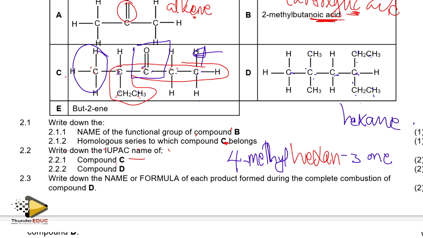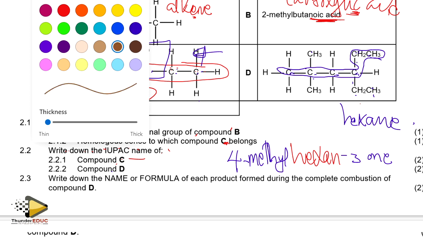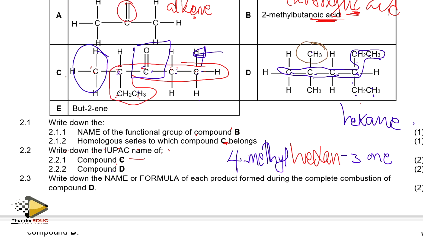Okay, now let's find which longest chain we used. So the remaining ones become the side groups. This becomes a side group, this one becomes a side group, and this one becomes a side group.